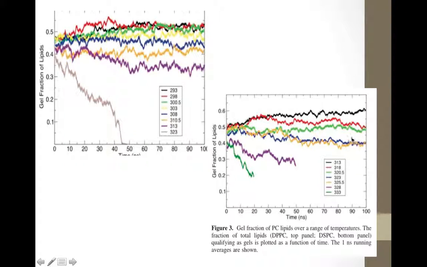The DSBC simulation at 313 Kelvin, for example, exhibits a visible widening of the gel stripe, while at the highest temperatures, 328 and 333 Kelvin, the gel is rapidly melting at the interface. This is 313 Kelvin, and this is 333 and 328.